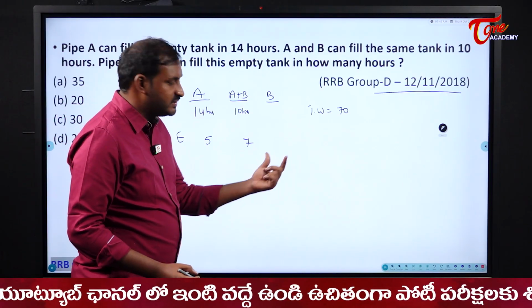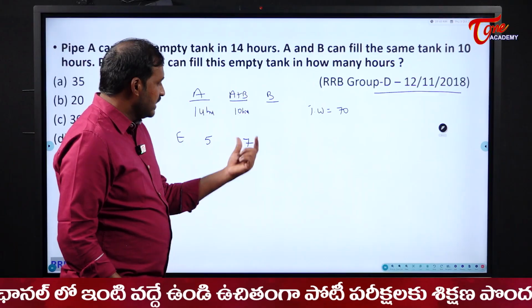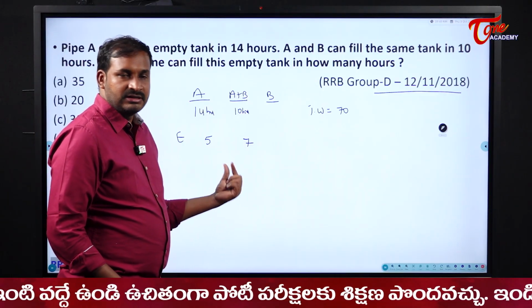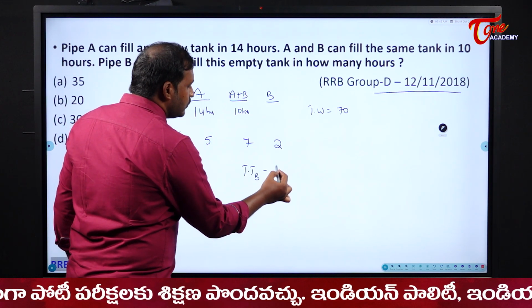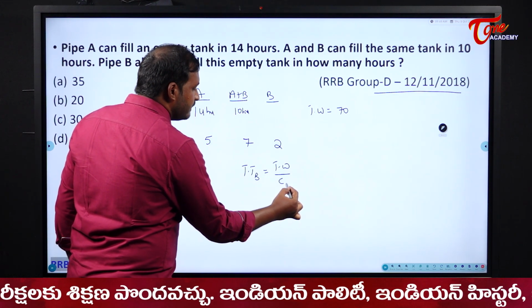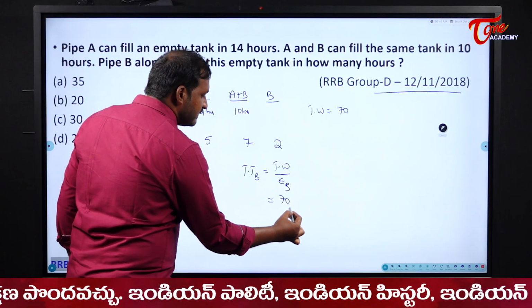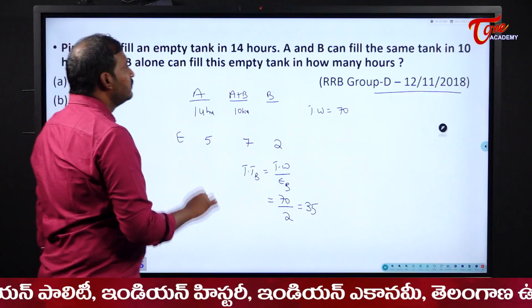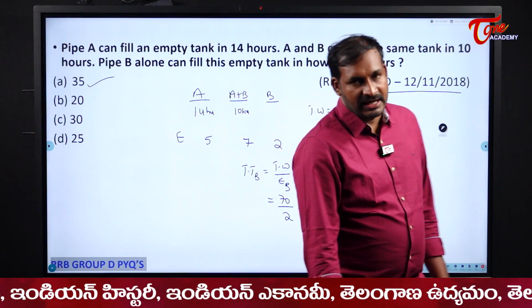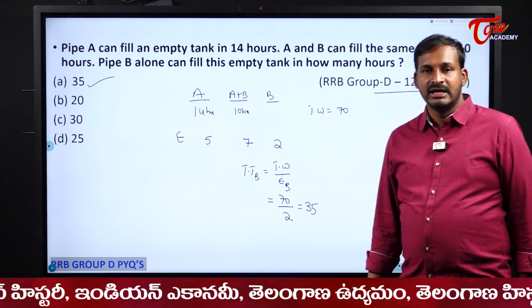So what will be the efficiency of B here, students? A and B together is 7 and A is 5, so B's efficiency will become 2. Time taken by B is total work by efficiency of B. Total work is 70 and B's efficiency is 2, so this will take 35 hours to fill the tank.